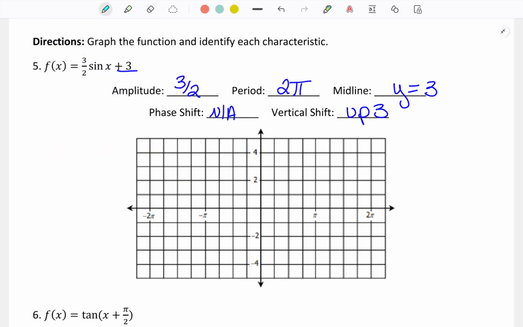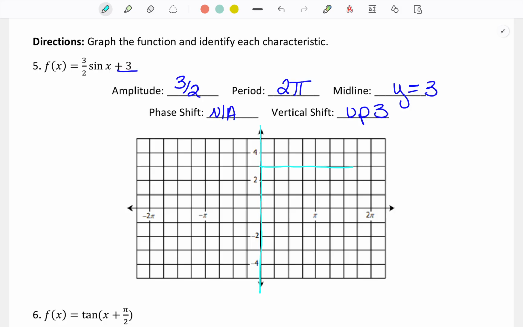To help us out, one thing you can do is draw yourself a new set of axes. We did not have any phase shift, so our y-axis does not move. We have no horizontal movement, but we do move up 3 units. So we're going to move up 3 units from our x-axis: 1, 2, 3.